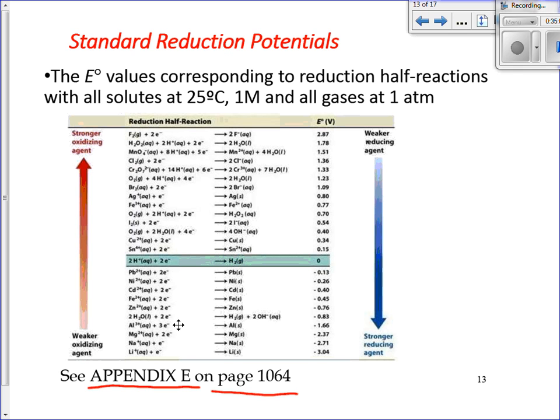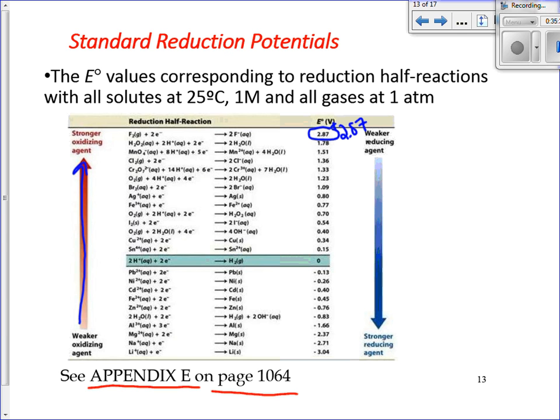Now, looking here, these are all from a reduction standpoint. As you can see, as we go up, the higher the voltage, this one is 2.87, it's a positive one. So the higher the voltage, the stronger the oxidizing agent, or the more it wants to be reduced.